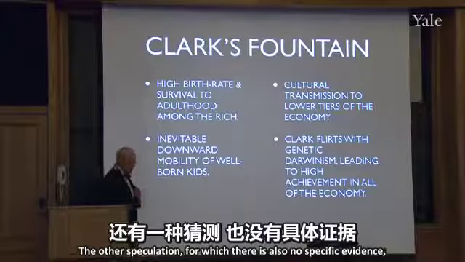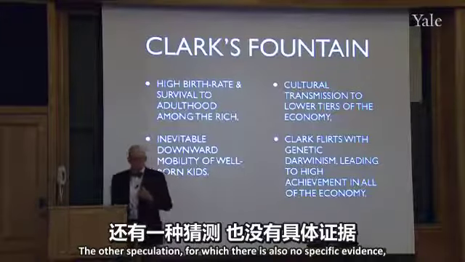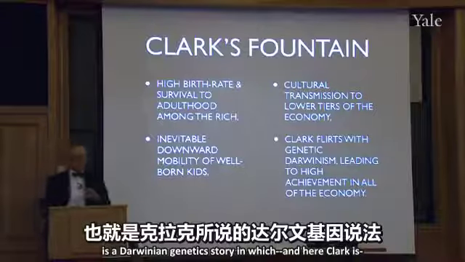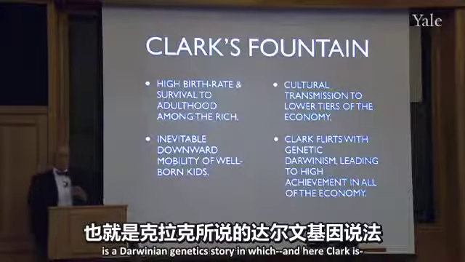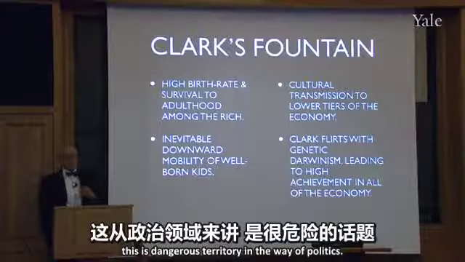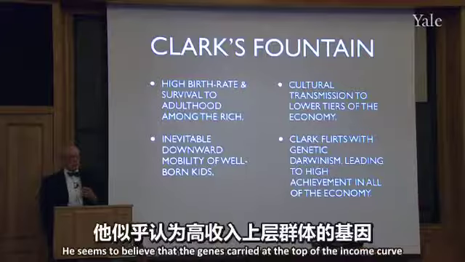And the other speculation, for which there is also no specific evidence, is a Darwinian genetics story in which, and here Clark is, this is dangerous territory in the way of politics.